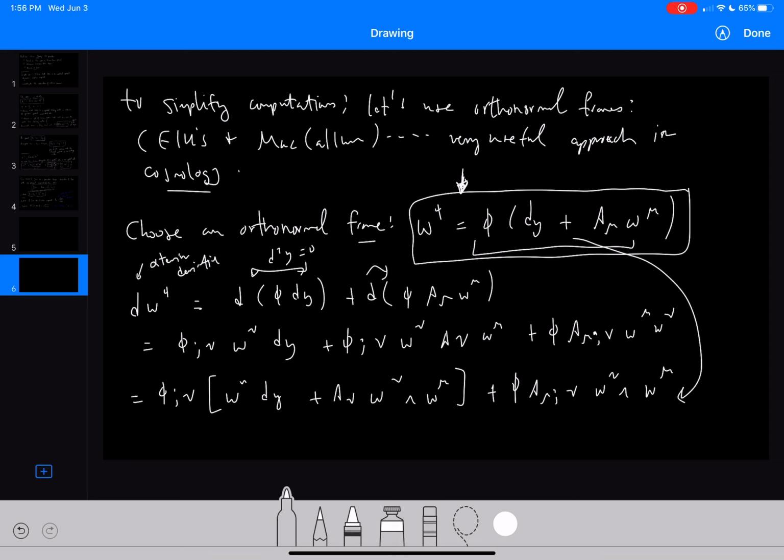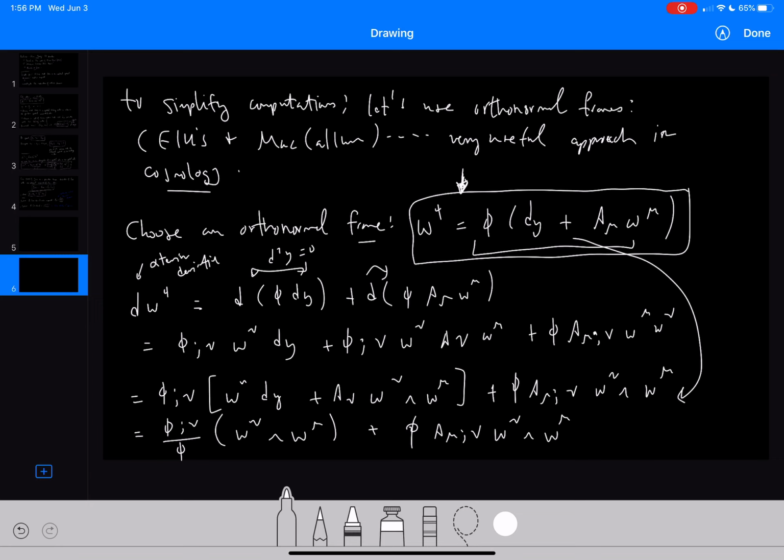And so we can write this really as omega nu over phi, phi semicolon nu over phi, omega nu omega mu. So we can bring in that 1 over phi component just because it's already defined for us up above. So this is phi nu.